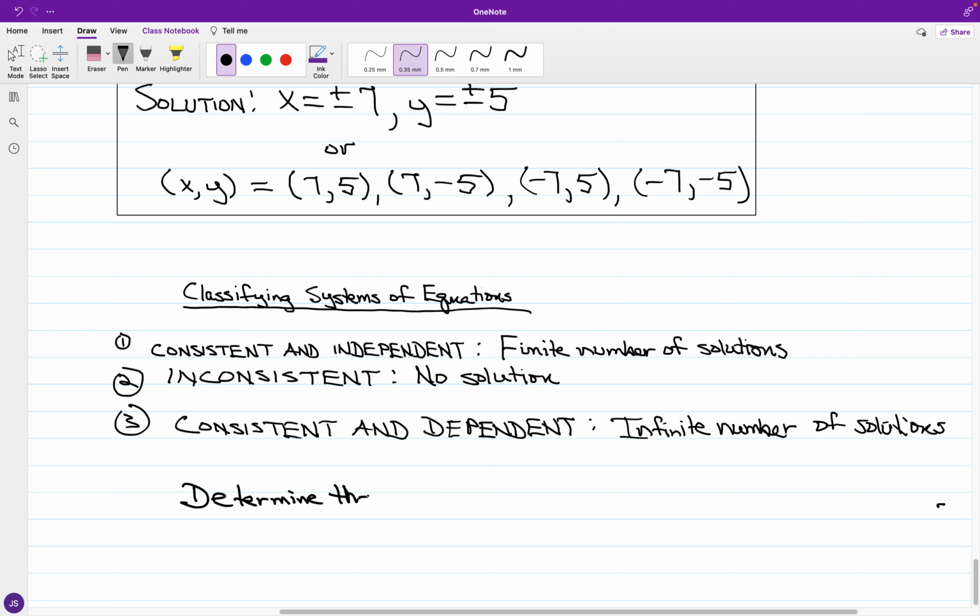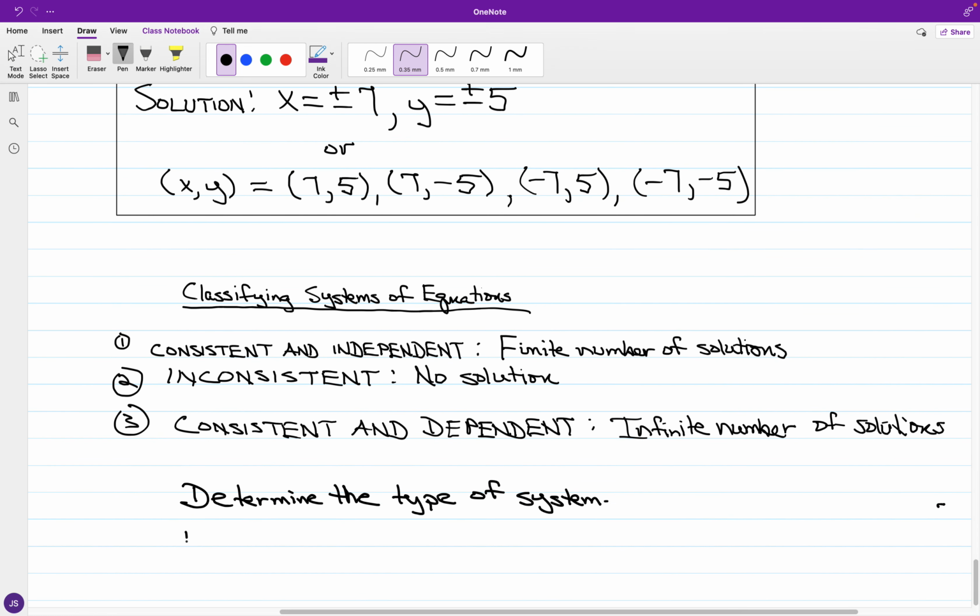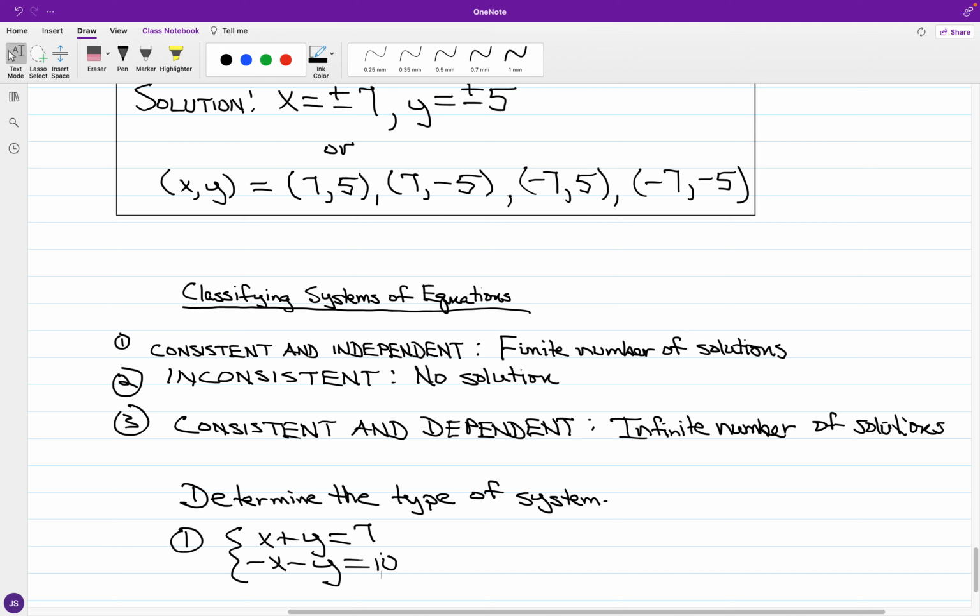If I were to determine the type of system, whether it's consistent and independent, inconsistent, or consistent and dependent, let's say we have, first of all, x plus y is equal to 7, and negative x minus y is equal to 10.